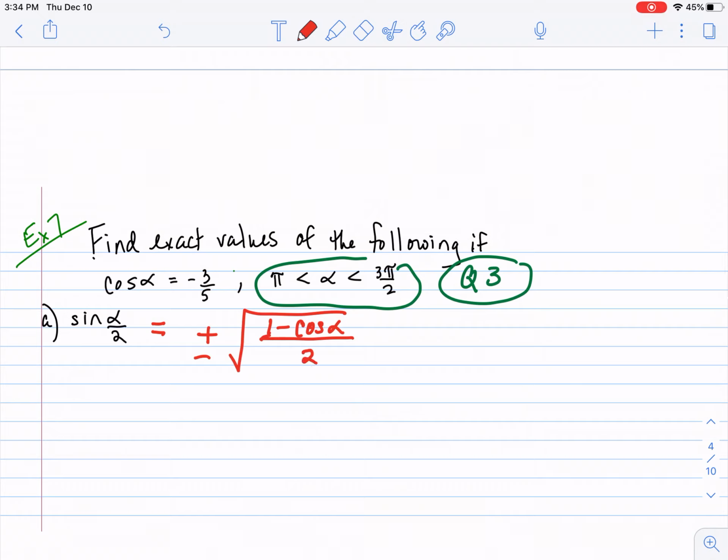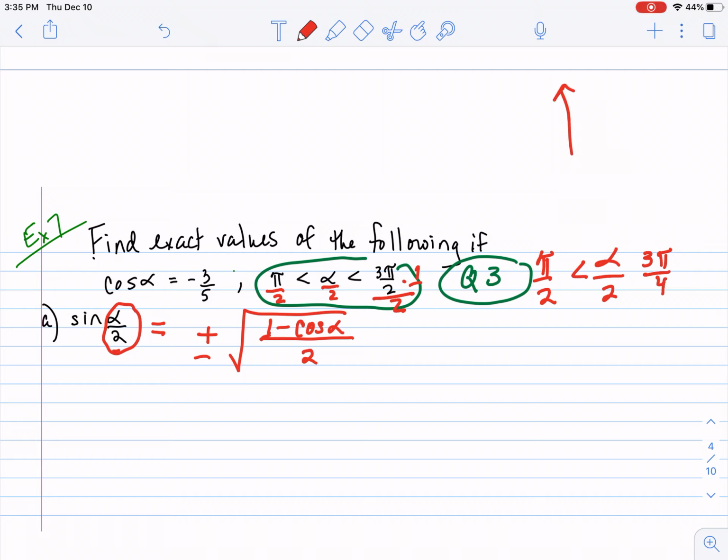All right, you ready? Here's the trickiest part, coming up with the plus or minus, okay? Well, I know that alpha is in quadrant 3, but I'm interested in where alpha over 2 is. Which means if I divide this by 2, and this by 2, and this by 2, that means that alpha over 2 is somewhere between pi over 2 and, if I multiply this, 3 pi over 4.